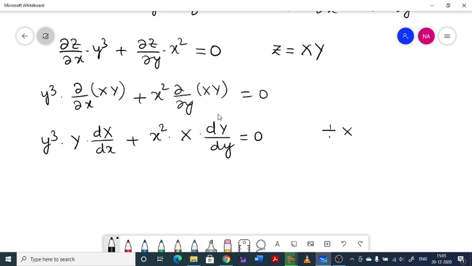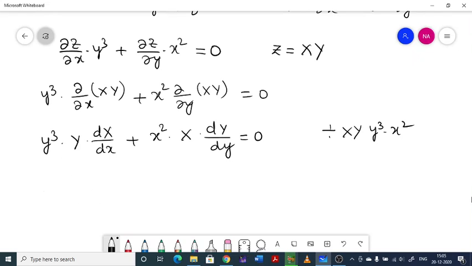Dividing both sides by capital XY, and I had to remove this y cube also, divide by XY, y cube x square. Now it will be correct.